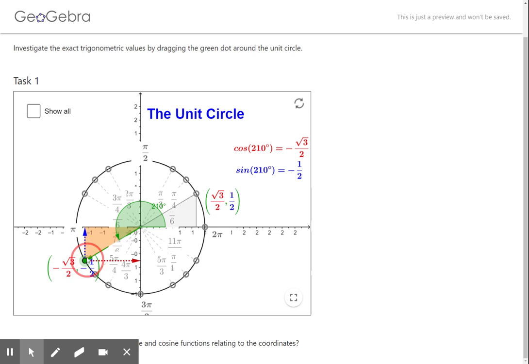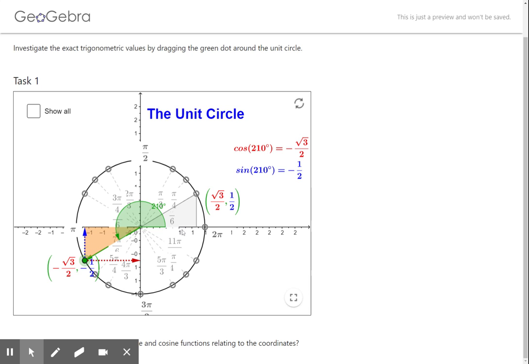Okay, so now let's go to this angle, which is 30 degrees past 180. So 180 plus 30 is 210. And these 210 degrees produce this triangle. I hope you can see now that this is the 30, 60, 90 triangle. That is one of our special triangles.